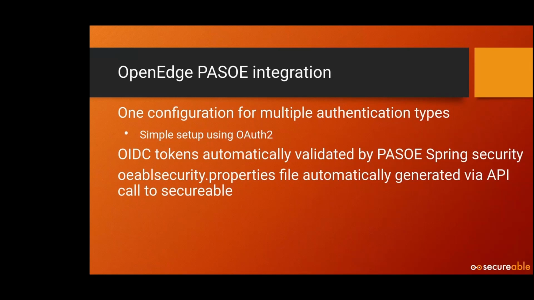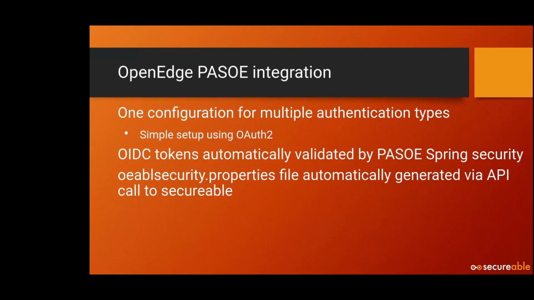So you configure PASOE to use SECURABLE, and then SECURABLE will generate whatever it needs. The OIDC tokens are verified, so the tokens that we produce for authentication can again be set up to expire or be revoked after a period of time. And this is all done through standard PASOE Spring. So there's no extra modules, no add-ons, no extra binaries or anything like this.